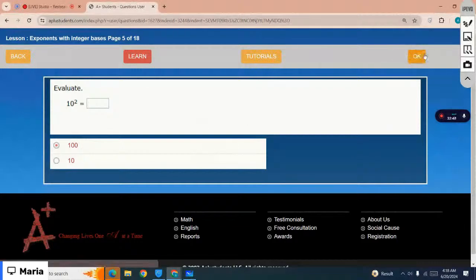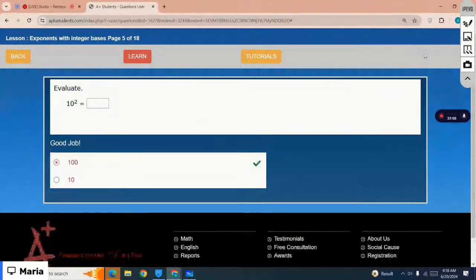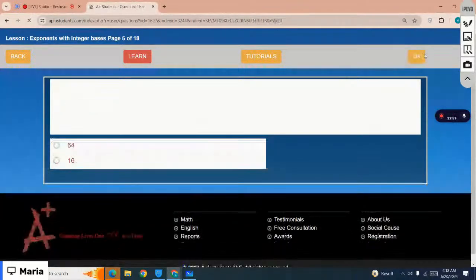The correct option is 100. 4 cube, which is the correct option?